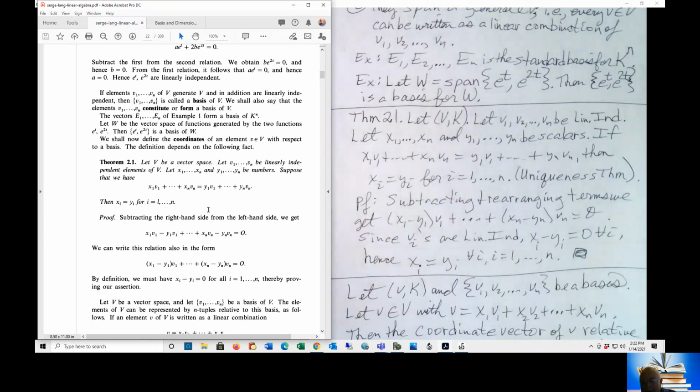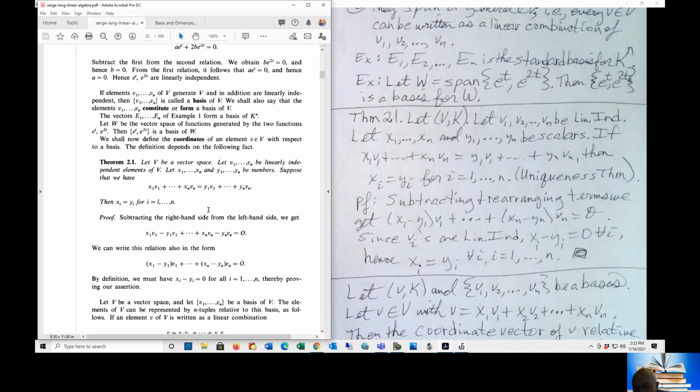Now if you take the linear combination of the vi's with the xi's and set it equal to the linear combination of the vi's with the yi's, it must be the case that xi is equal to yi for each i, going from 1 to n. This is a uniqueness theorem.